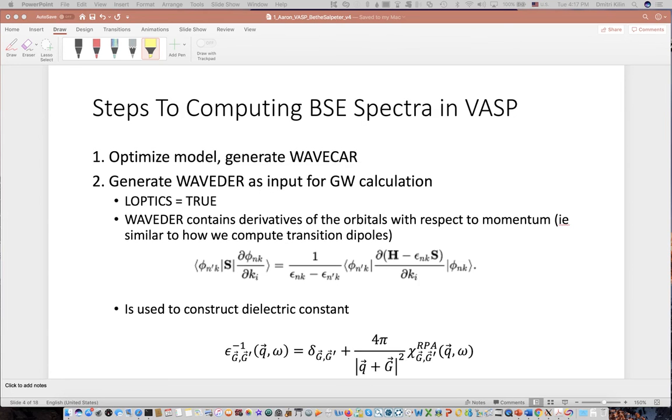Aaron, I have another question. From your intuition and studies, how much does this wave_dir differ, or how similar or different is it from the overlaps from the non-adiabatic couplings that we are computing?